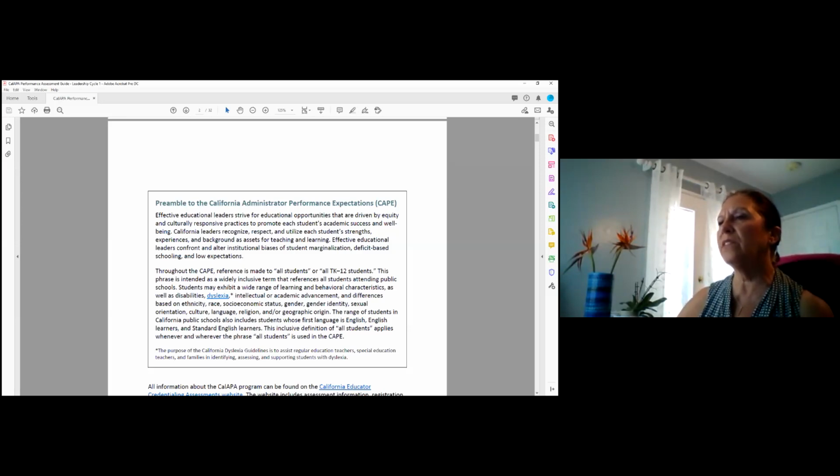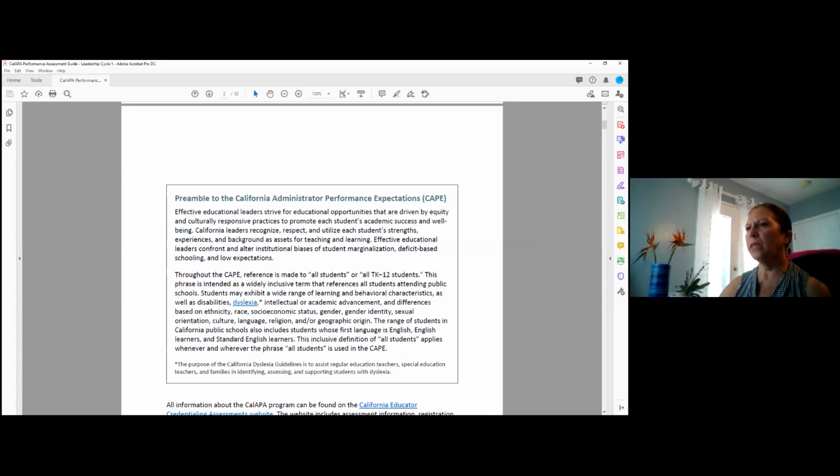This inclusive definition of all students applies whenever and wherever you see the phrase all students used in the CAPE or in this assessment guide or in the rubrics. So again, just wanted to pause and draw your attention to this preamble and the importance of having this foundational set of ideas front and center for our candidates as they come through our California preparation programs. So let's keep going.